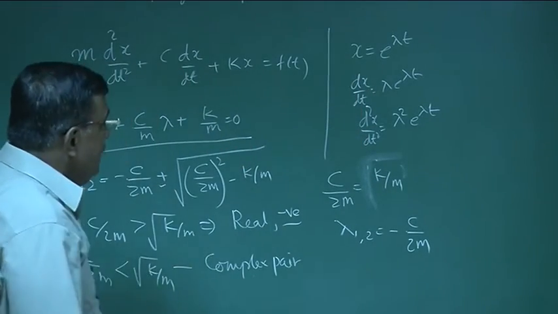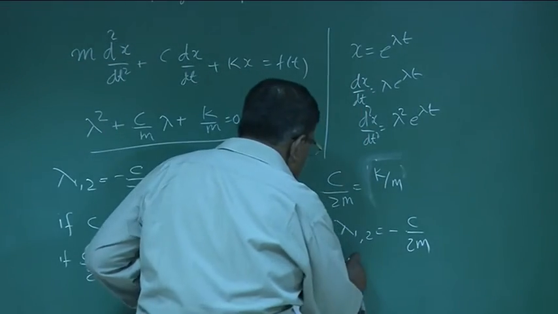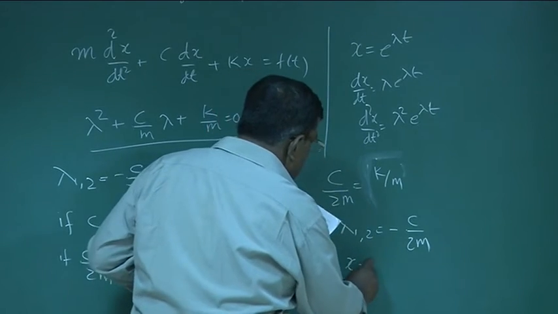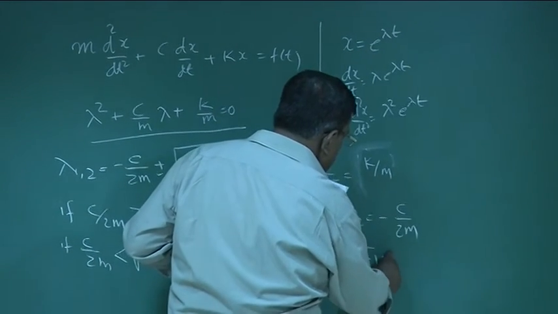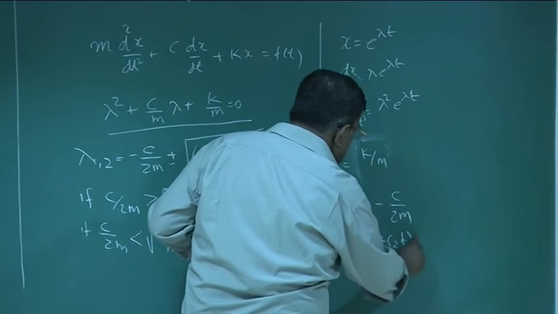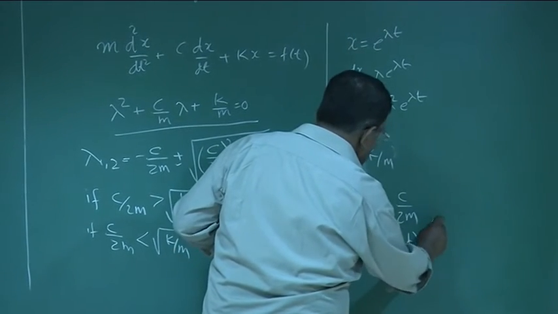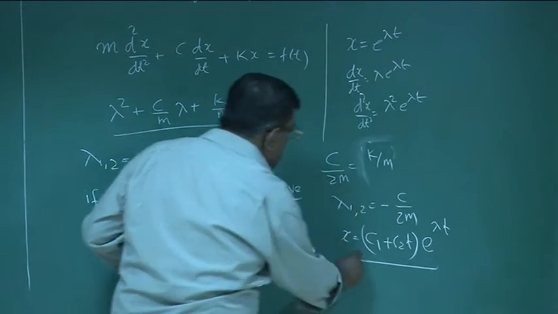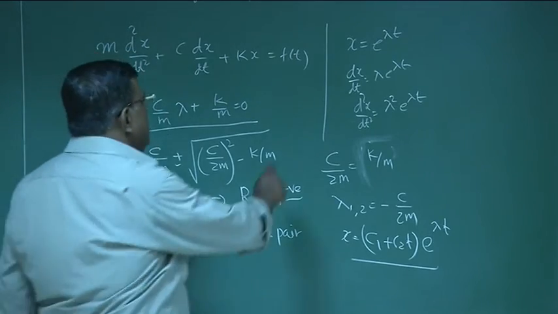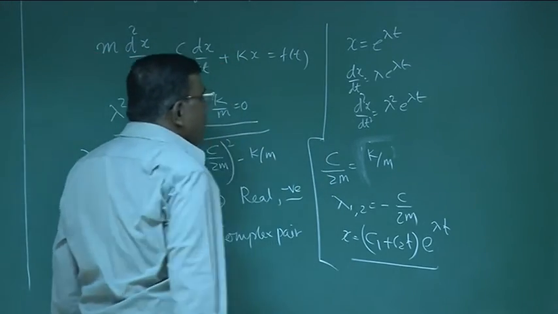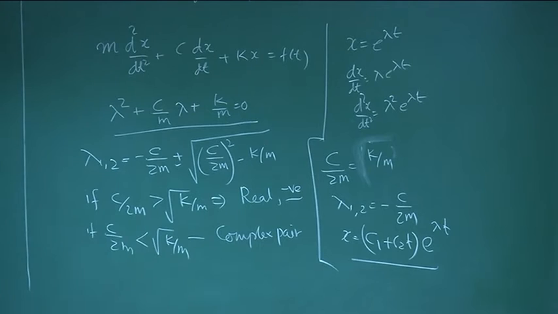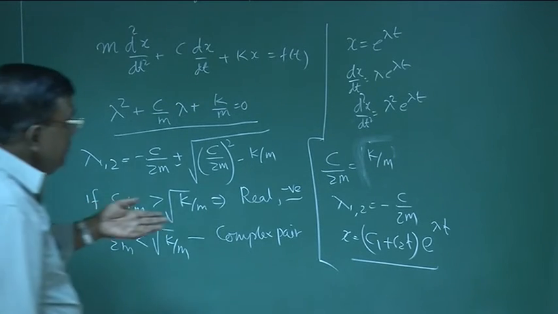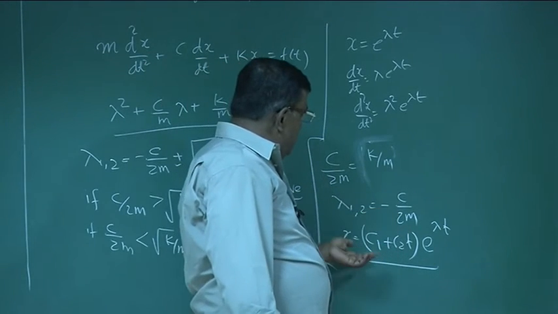And then the solution for this case will be x of t equal to (C1 plus C2 t) e to the power lambda t. I am focusing on this case when c by 2m equals under root k by m, and the roots are negative and repeated.